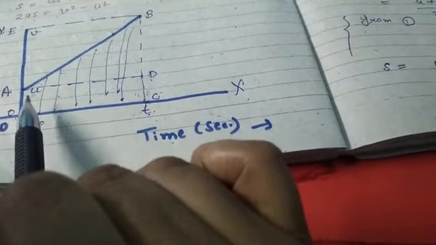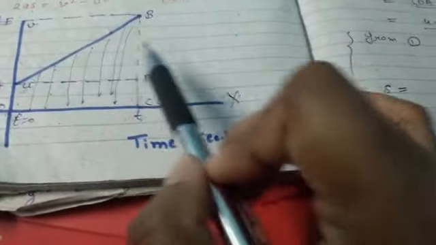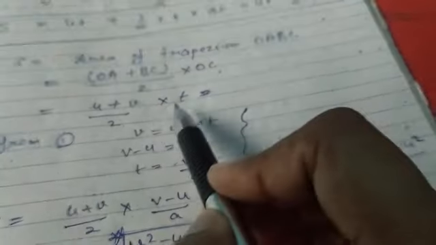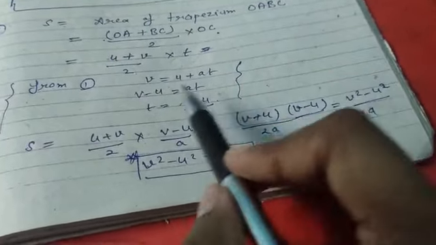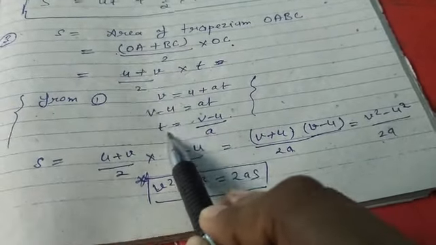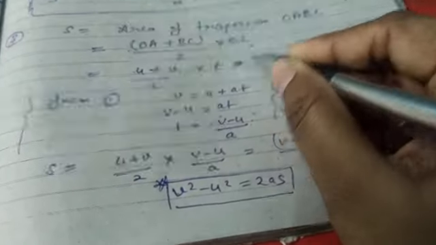For OA we write u and for BC we write v. So it is u plus v upon 2 into t. Now we have to find the value of t from the first equation: v equals u plus at, v minus u equals at, so t equals v minus u upon a. Now put this value here.